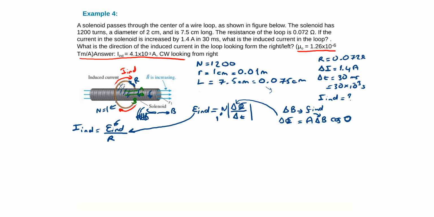How do I find delta B? I'm going to write down the magnetic field equation for a solenoid. Mu 0 N I over L. Now, I know that there's a change in the current as 1.4 amperes, yes, that's what's supposed to be on this side, by the way, with the solenoid.